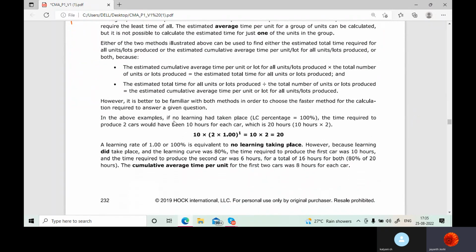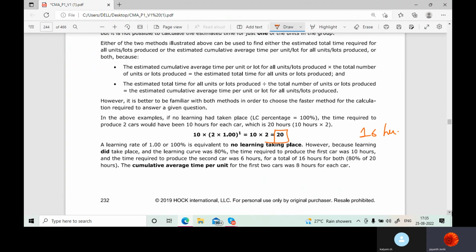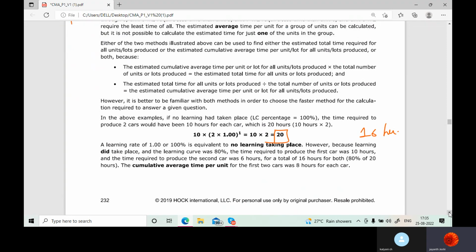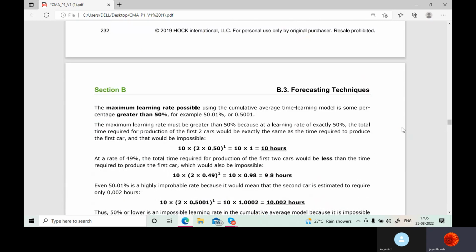In the above example, if no learning had taken place, you would have taken 20 hours. Since learning was there, we took 16 hours, correct? With learning, we save time. So we took 8 hours for each car instead of 10 hours for each car. So the maximum learning rate possible using the cumulative average time model is some percentage greater than 50%.